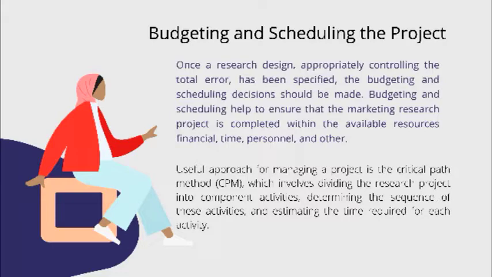Budgeting and scheduling help to ensure that the marketing research project is completed within the available research, financial, time, personnel, and other resources. A useful approach for managing a project is the critical path method (CPM), which involves dividing the research project into component activities, determining the sequence of these activities, and estimating the time required for each activity.